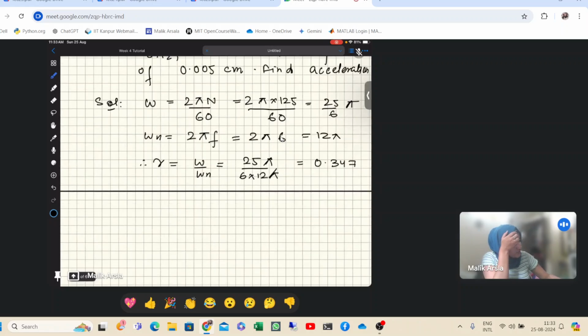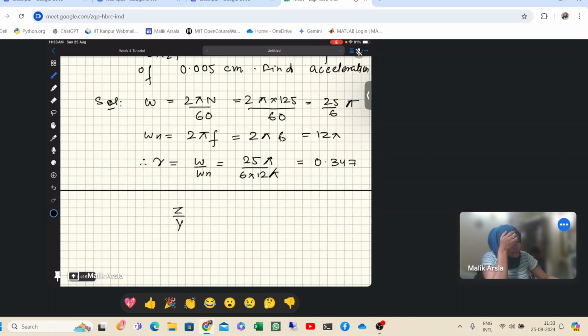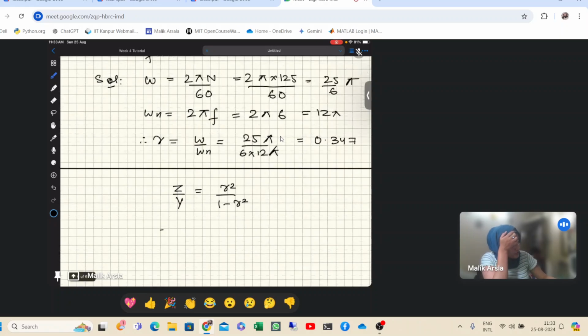So z by y is equal to r square upon 1 minus r square. So z by y is 0.347 squared upon 1 minus 0.347 squared. Now if you evaluate this expression, it is coming out to be 0.137, right?